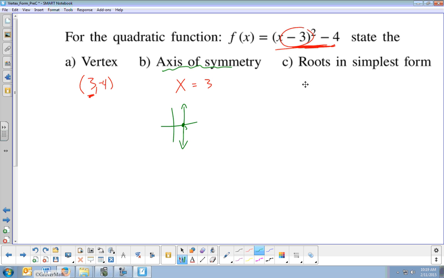Roots in simplest form. Okay, so what we do is we take the x minus 3 squared minus 4, and we set it equal to 0. Then we move that constant back over, so x minus 3 squared equals 4.